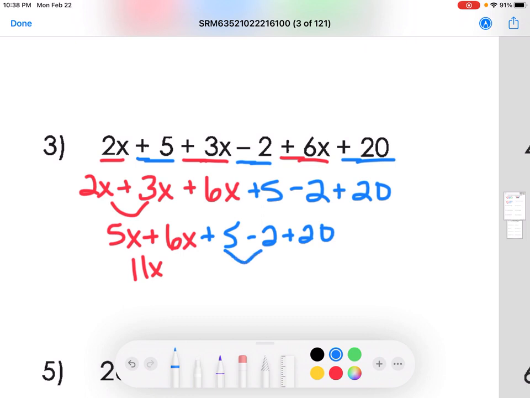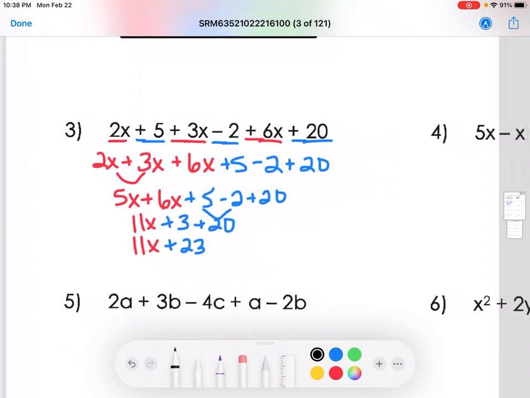So if I have a positive 5 and I subtract 2, that leaves me with a positive 3. And then I still have my plus 20. So I can combine this some more. So 11 times x. If I have 3 and I add 20, I have a positive 23. So 11 times x plus 23 would be my simplified expression.